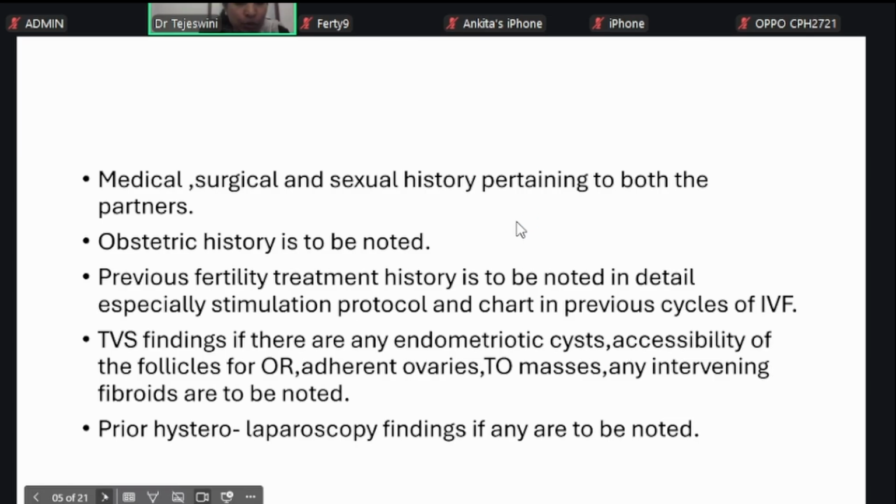Prior hysterolaparoscopy findings, if any, pertaining to the same ultrasound findings like adherent ovaries or tubo masses or any fibroids have to be noted. These give us an idea on how to proceed for oocyte retrieval in complicated cases.